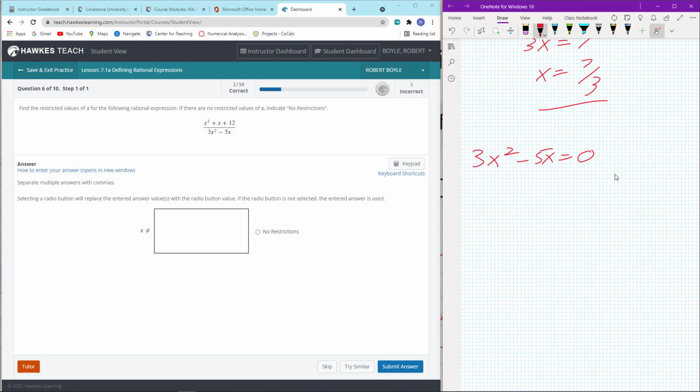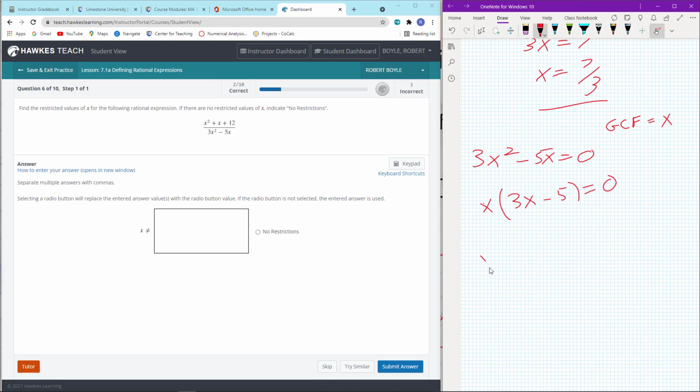Well, notice here that this has a greatest common factor, and that greatest common factor happens to be equal to x. So we can factor this out. We have x out here, and then to recover my 3x squared, I need to multiply that by 3x. And then to recover my negative 5x, I need to multiply the x by negative 5. So these are our two factors.